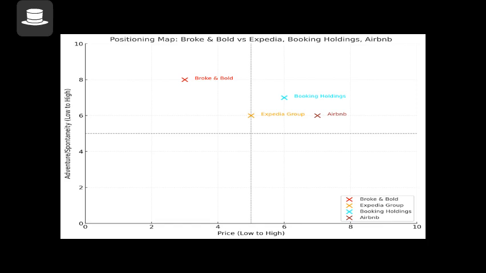We have the most affordable price, and we have the highest amount of adventure, just based on our ability to book last minute. After looking at all the numbers and plotting this chart, we can visualize where Broke and Bold is positioned within this market. I'd say we're positioned really nicely, having the most affordable travel packages while also being the most adventurous.